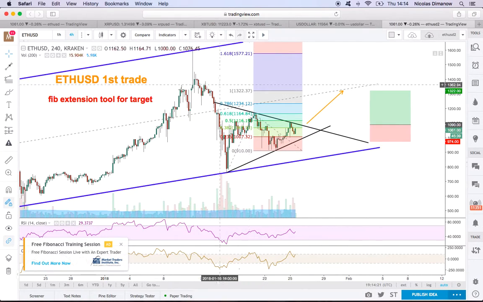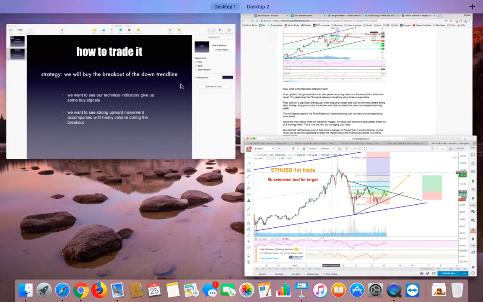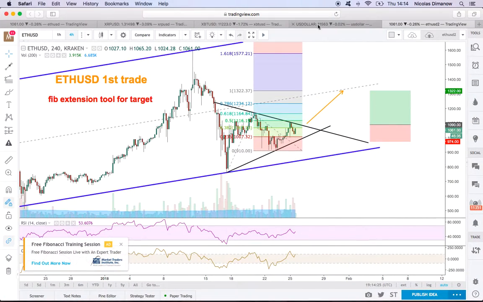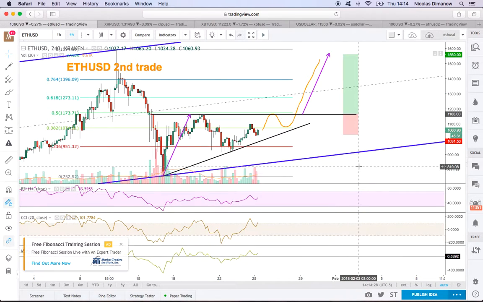Now let's go on to the second trade, which I have in mind right now, which is this one. I'm expecting an ascending triangle taking place, which would be a very nice bullish configuration.